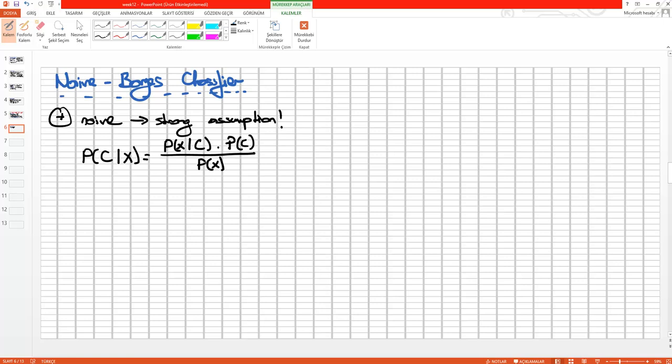Okay, and the assumption is that the features are conditionally independent for a given class.